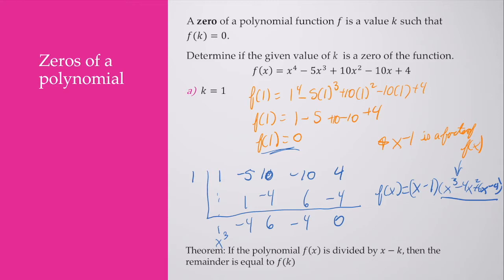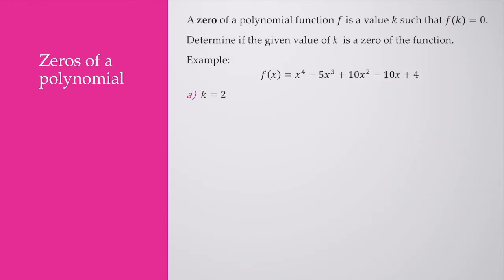I'm going to show you how to do that in this section of this chapter. So let's take a look. I know f of x is x to the fourth minus 5x cubed plus 10x squared minus 10x plus 4.